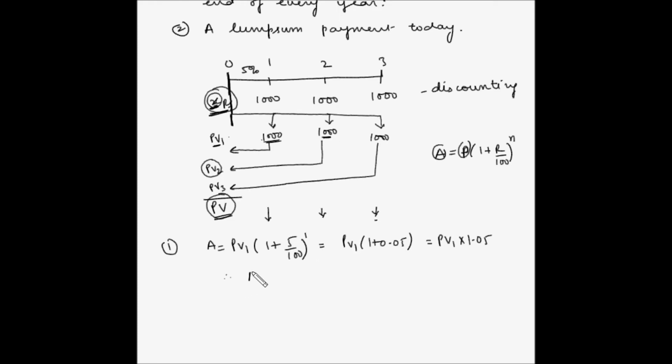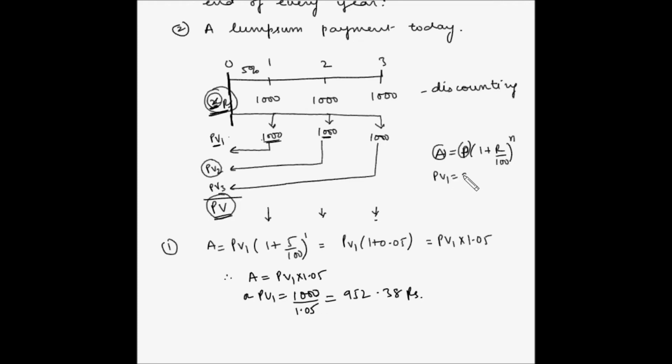So therefore A is equal to PV1 into 1.05, or PV1 is equal to, now A is 1000, divided by 1.05. So this is equal to 952.38 rupees.